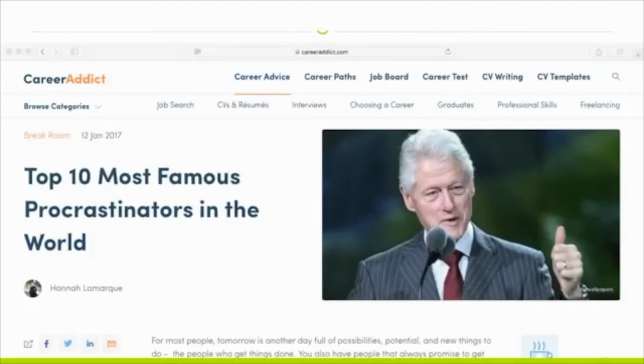I've chosen top 10 most famous procrastinators in the world. There's Dalai Lama there, there's Margaret Atwood there, there's some William Coleridge there, so there's quite a few famous names. Obviously my choice was Bill Clinton, and if I was a student, if that was my homework, I would tell the group about how Bill Clinton was a procrastinator as the US president.